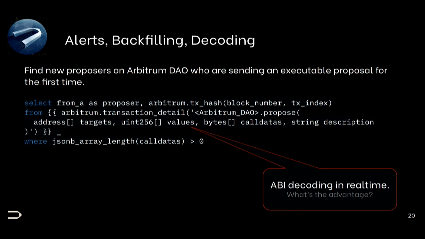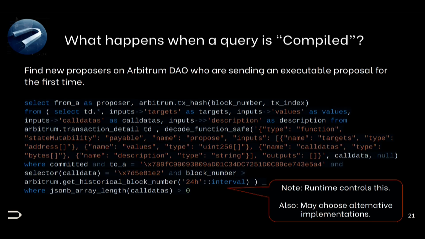This is the query that you write. This is the compiled version. In the compiled version, it takes care of inserting code that real-time decodes the ABI that I'm currently looking at. And it also inserts code that makes sure that I'm only querying that interval that I need to query in that particular execution context. Okay?